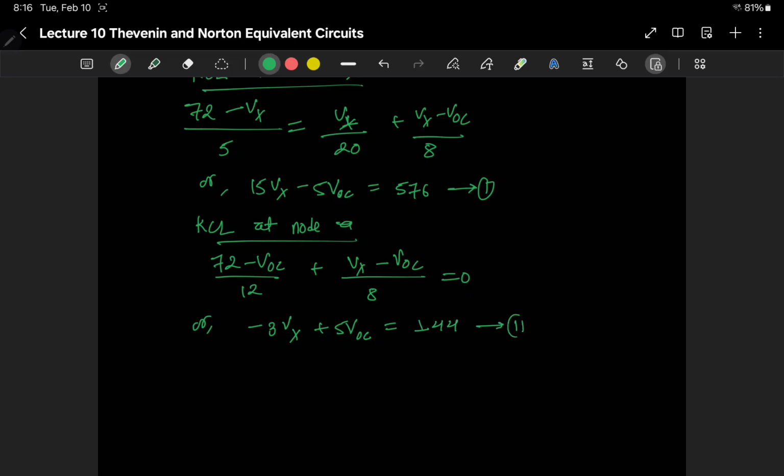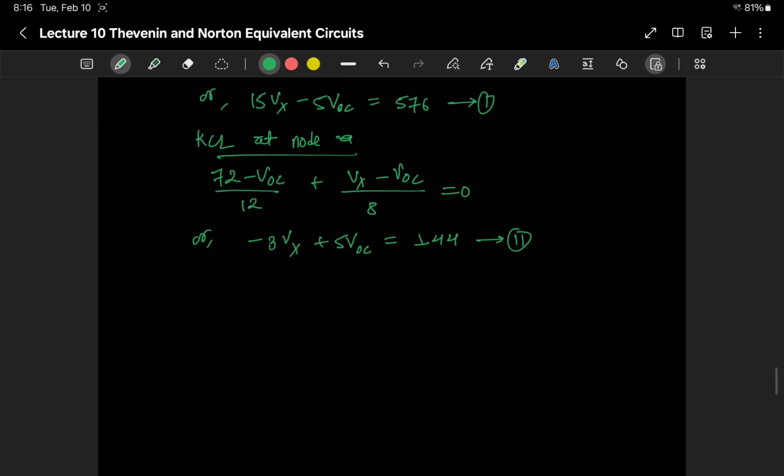That is our second equation. Now we have a system of two equations and two unknowns, so we can solve and get the values of Vx and Voc. If you solve it, you will get Vx is equal to 60 volt and Voc is equal to 64.8 volt.